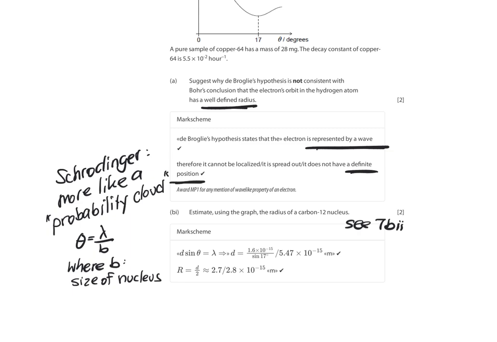So 8b, I should say, or B-I. Estimate using the graph the radius of the carbon-12 nucleus. So this is just like 7b double I, where theta is lambda over b because of the diffraction, and b is the size of the nucleus, lambda is the wavelength, and theta is the angle.